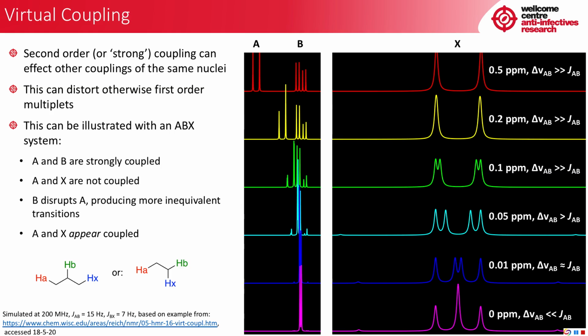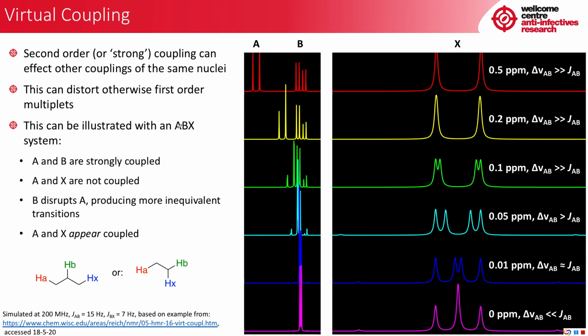So the last of these phenomena that I wanted to talk about is something called virtual coupling. So second order or strong coupling can actually affect the other couplings of the nuclei involved. So that strong coupling can then distort otherwise first order multiplets. And I think I can show you this with an ABX system.